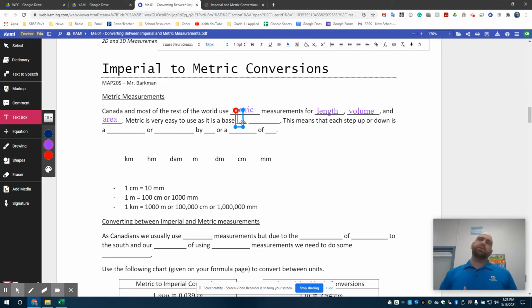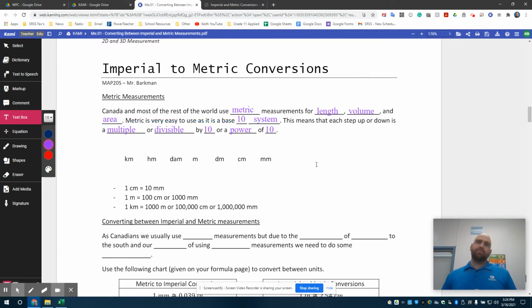Metric is very easy to use as it is a base 10 system. This means, and we're going to write it down here, that each step up or down is a multiple or divisible by 10 or a power of 10.